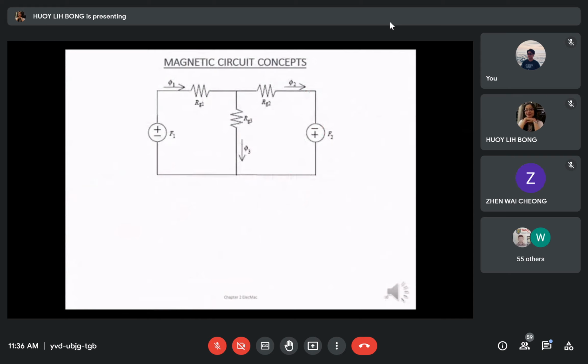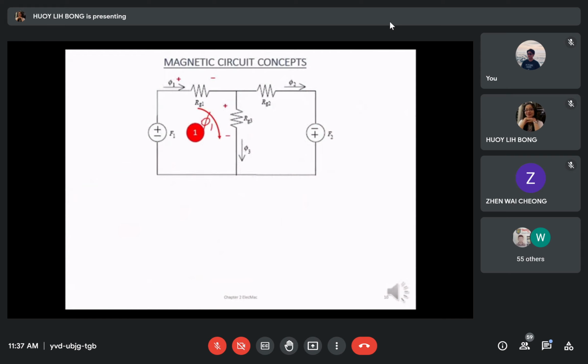We can use mesh analysis to solve for this equivalent circuit. We have loop 1, in which we label the flux direction clockwise. Next, we will label the polarity of each reluctance in this loop, following the clockwise direction.